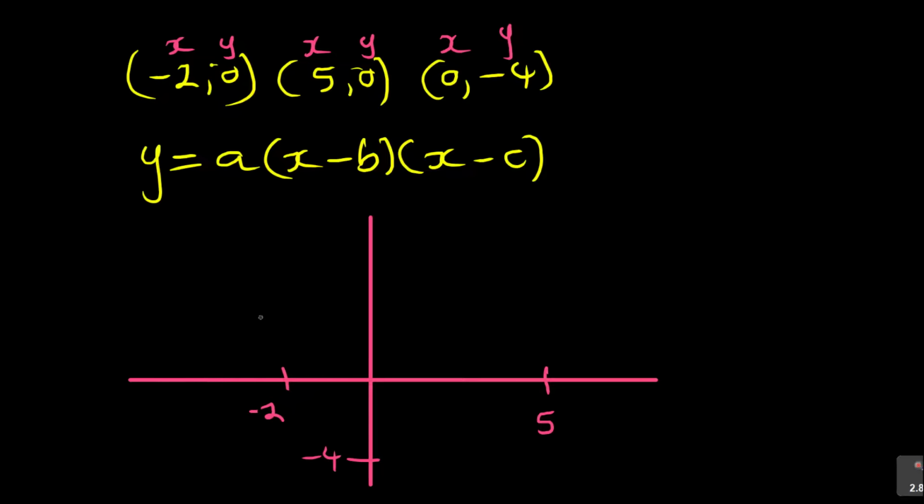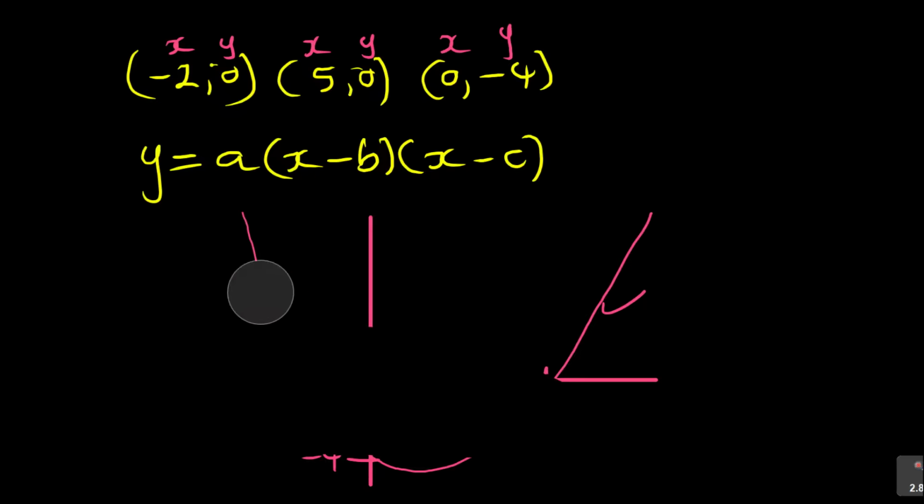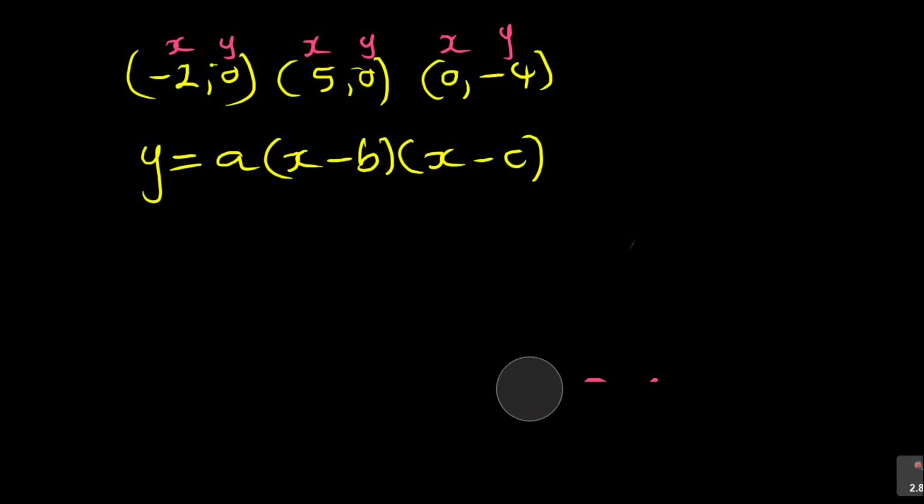I don't know exactly where it will be cutting, but it's more like you're having something like this. It can be like this also, but it doesn't look like that because it's got minus 4. So it looks like this type of graph. That's a parabola. But now let's work it out and see what we are getting out of it. You need to find now your a, b, and c.